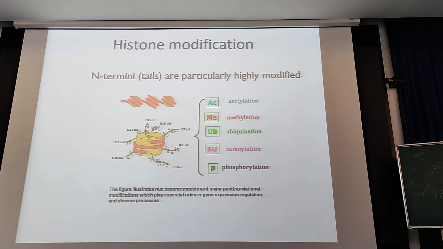On the other hand, if we have the methyl group added into the histone core, the methyl group is taking electrons out of the nucleosome core, which makes the nucleosome core have more positive charge.